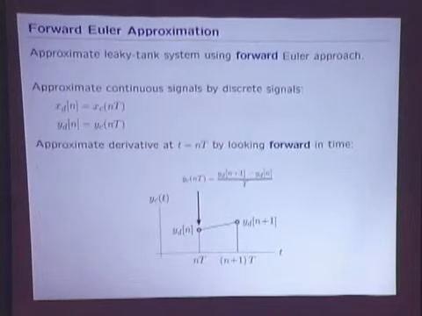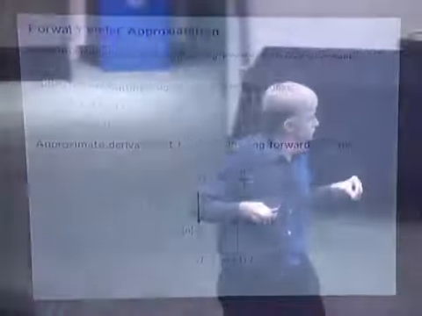The point of today is to take that unit step response and figure out ways to approximate it. What I want to do is think about how I would make a discrete representation for the CT system, the leaky tank system. You've done this in homework 1.